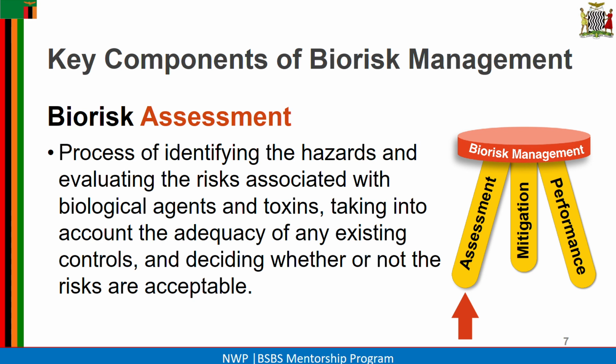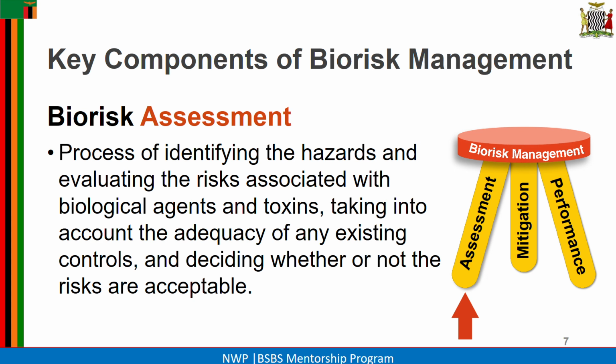Then after you look at what you've done, you say, okay, we have the hazards. We've also looked at the risks associated with these biological agents or toxins. Then we've determined the risks. And now we're asking, what have we done to control? By control, I mean, what have we done to either reduce or eliminate these risks?